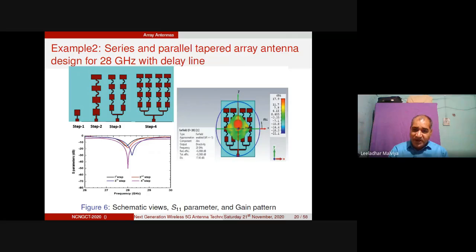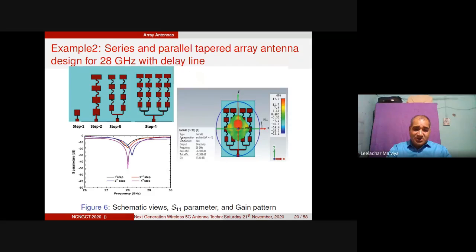So if you look at this pattern, definitely the high gain and the concentrated radiation beam is seen at the center, right? So you can expect a low value of the back lobe in this design, right?